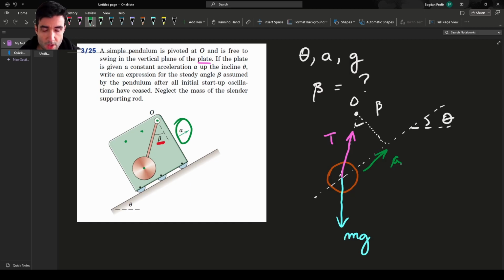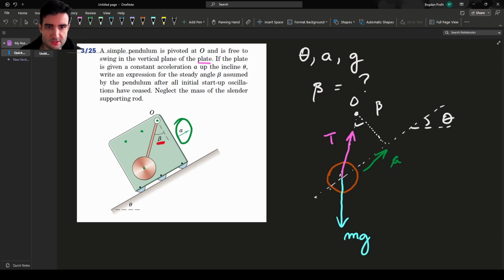So after we drew this free body diagram, we can then write down the equation of motion. Actually, before we write the equation of motion, we have to decompose the forces, because those forces are acting all over the place, right?